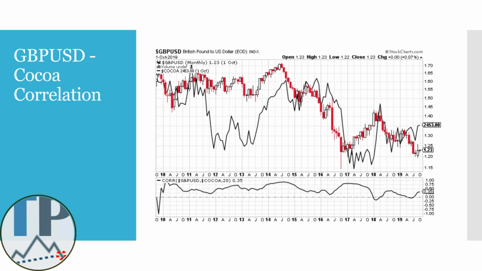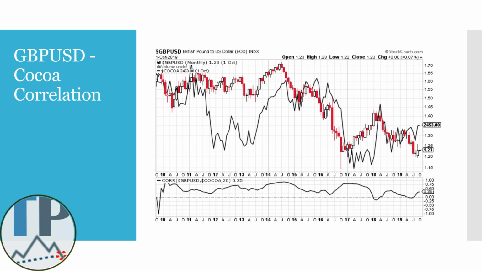Okay, so it tends to be a more physical market, and so there still is some impact from the LIFFE London cocoa market onto the higher volume ICE New York cocoa US dollar denominated market.